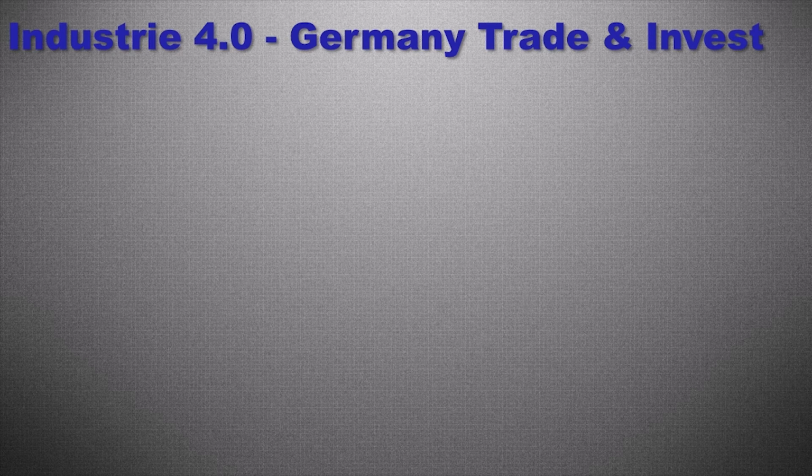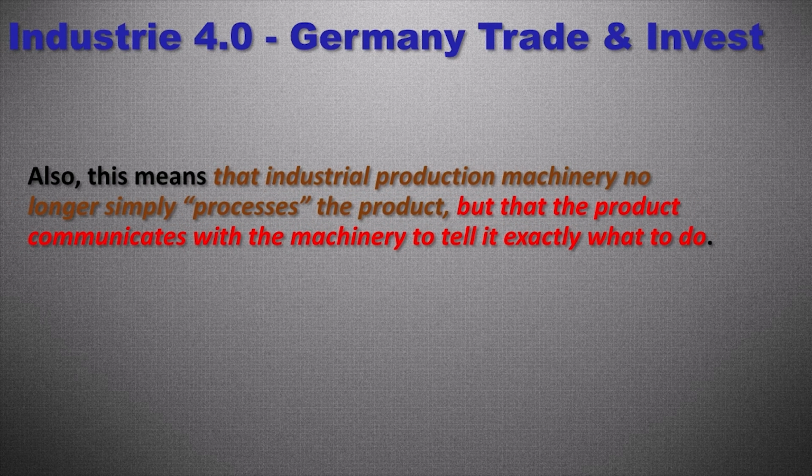Only high order decision making, which arises due to conflicts, ambiguity, exceptions or possible alternatives, are handled at a central level. Also, this means that industrial production machinery no longer simply processes the product, but that the product communicates with the machinery to tell exactly what to do.